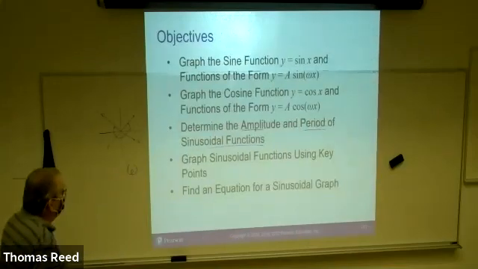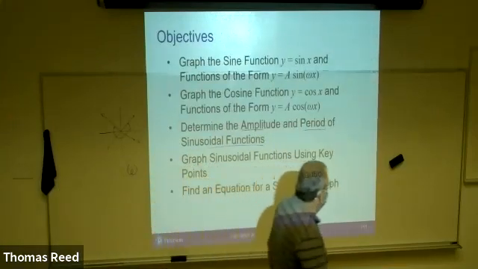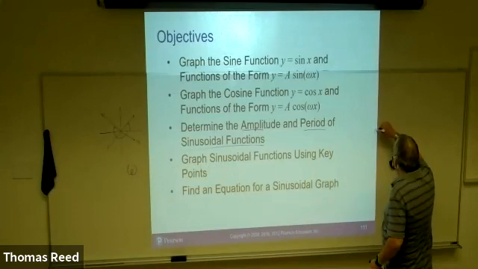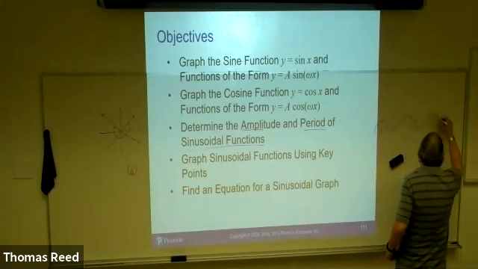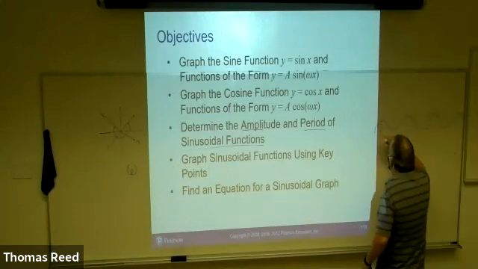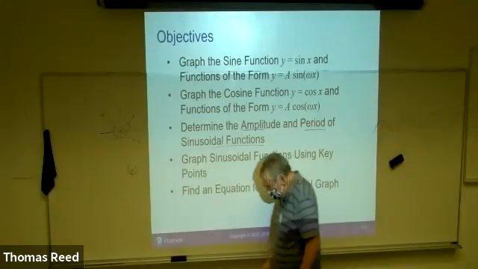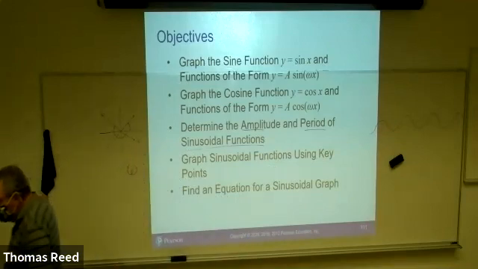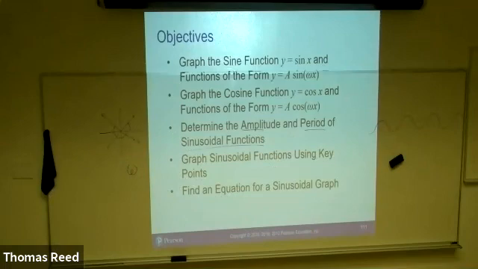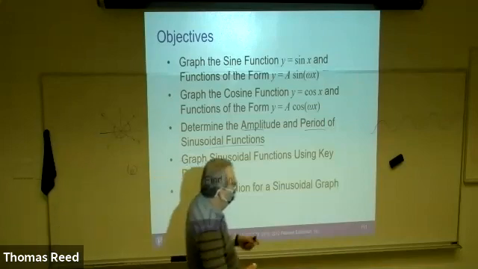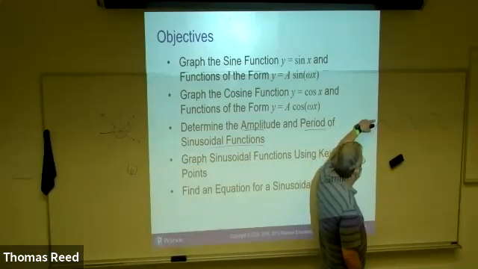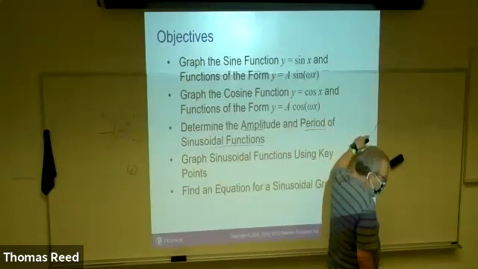Okay, what we mean by sinusoidal is they go like this. It's a smooth, continuous curve that undulates up and down, up and down. It has a maximum value it reaches, and it has a minimum value it reaches.